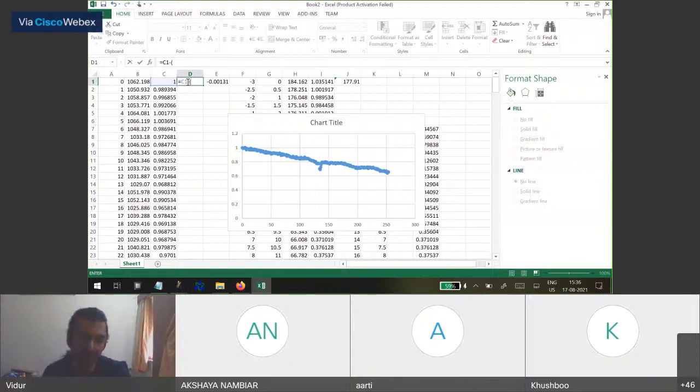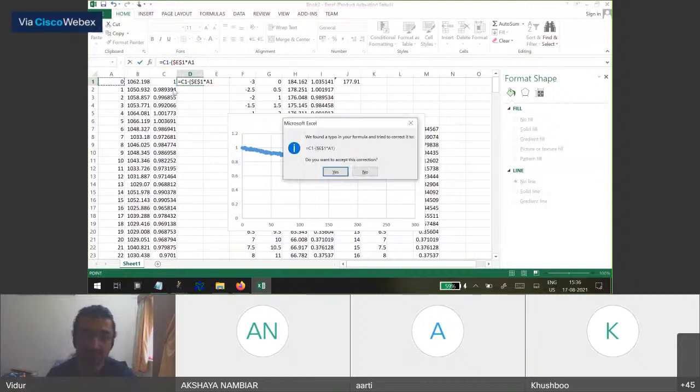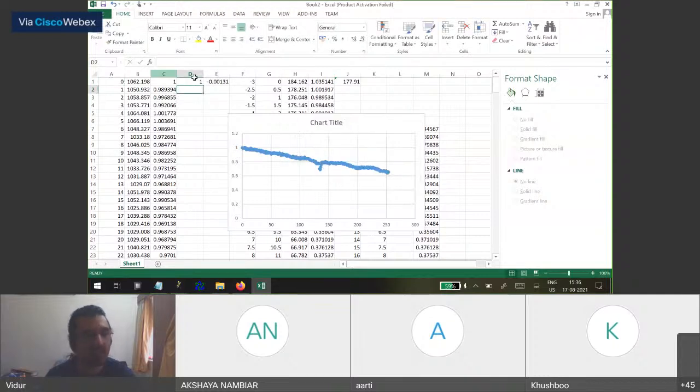Then we put bracket, this normalization coefficient, followed by dollar signs, multiplied by the frame. What this frame does is basically sequentially add this number every step you take.